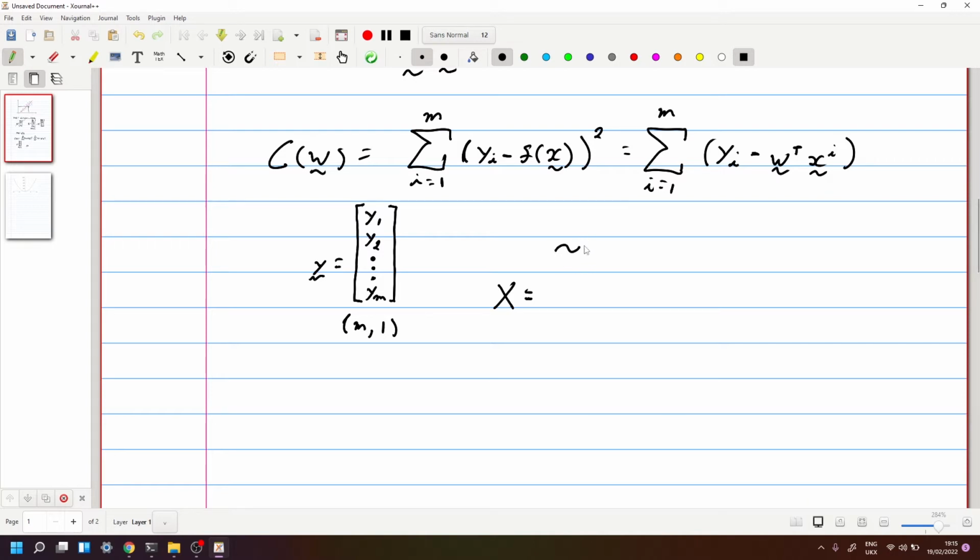The first data sample has to match the first outcome, the second one has to match the second outcome, and so on. I can even expand this matrix so you can see what it looks like. I might fast forward this.